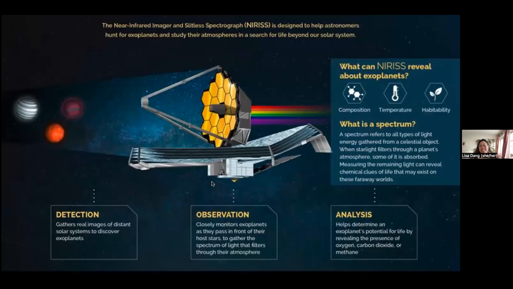So JWST is an ambitious giant infrared space telescope, a mission that was led by NASA with the contribution of the Canadian Space Agency and the European Space Agency. JWST turned out to be one of the most complex space telescopes ever built. It's an infrared space telescope that has to be shielded from thermal radiation.